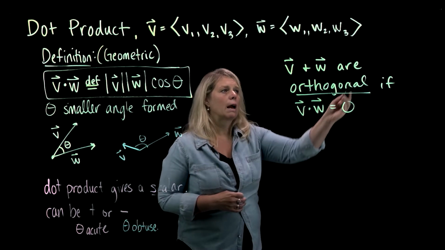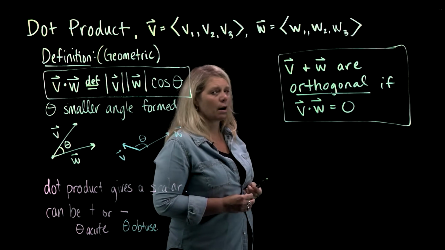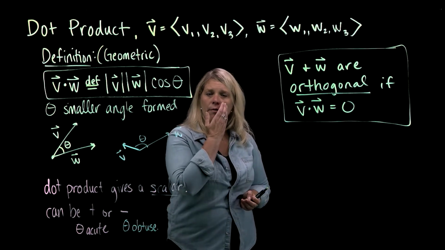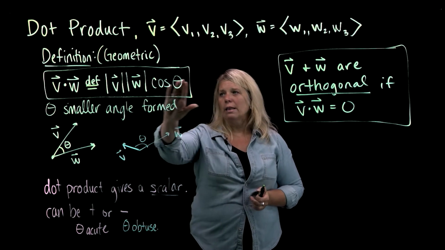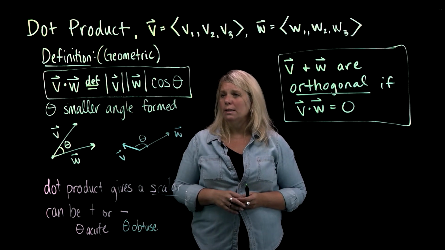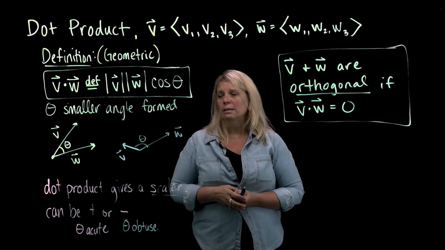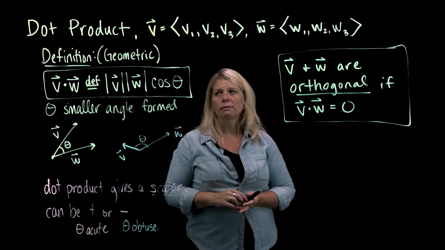So that's an important vocabulary word to know. When you see that word orthogonal, it means dot product is 0. But there are actually a couple of ways that that could happen. So if we think about this definition here and think about different ways that the dot product could be 0, well, these are three numbers all times each other. So that could be 0 if any of those three numbers is 0.